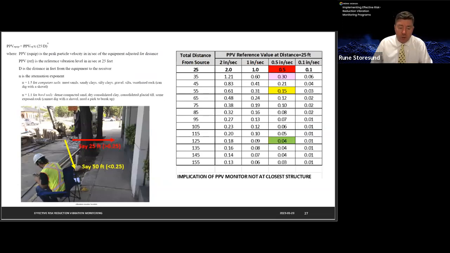The moral of this story is that it's not necessarily super helpful to know the vibrations at the monitor location. What we really want to know is what's the distribution of vibrations throughout the work area.